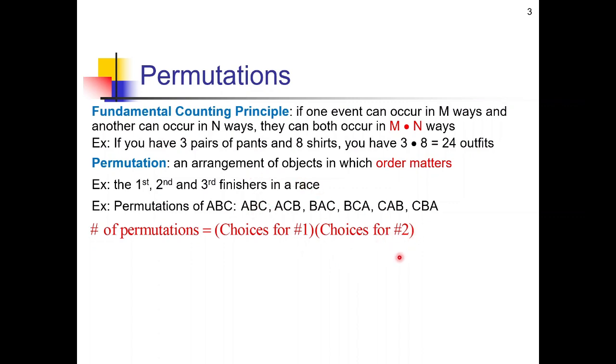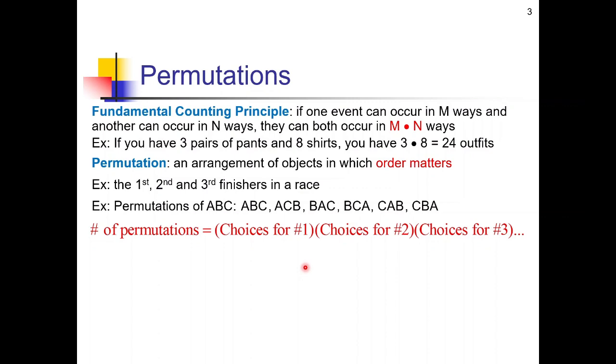And then multiply that by the number of choices for object number 3, the number of choices for number 4, and so on and so forth. So using our example up here, that means you would have had 3 choices initially, times 2 choices after that, times, well, there would only be 1 letter left, 1 choice. 3 times 2 times 1 would have given you 6 different permutations, which is what we see here.